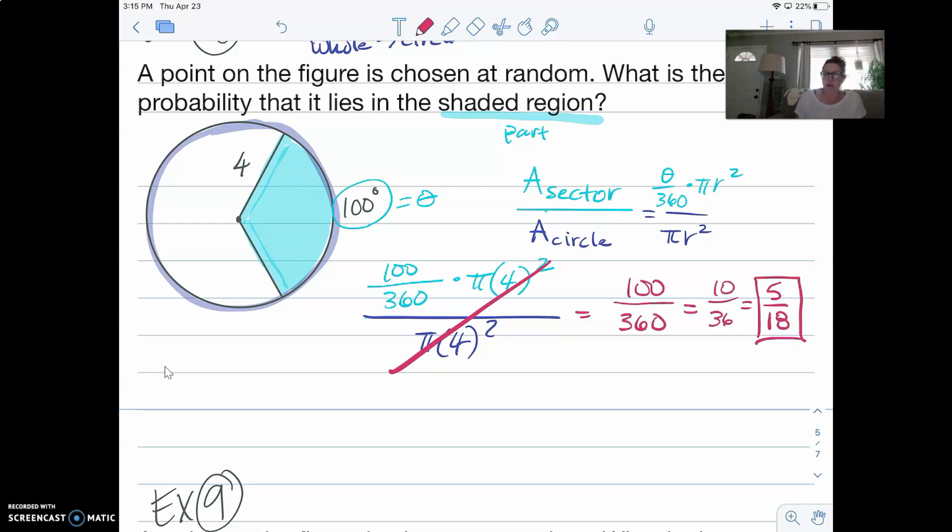So really, when you're doing these problems with sectors, all you have to do is your theta divided by 360, and that's going to be your probability of the event, where the event is landing in the shaded region. So that one's actually a lot easier than it seems.